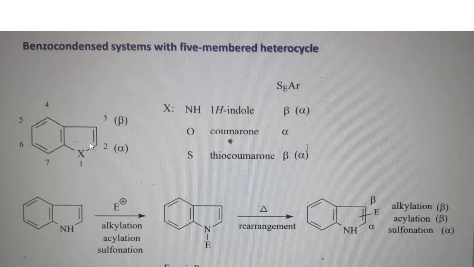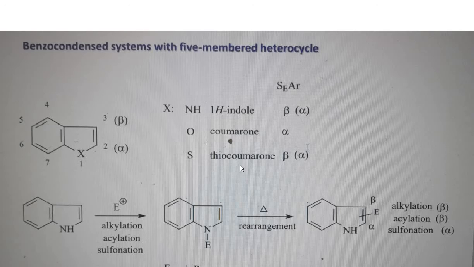Now again, this is 1, 2, 3. Here you have to be clear about the meaning of alpha and beta. The 2 position is alpha and the 3 position is beta. So if you have NH, O, S: indoles, coumarone and thiocoumarone. This is beta preferred; alpha sometimes.